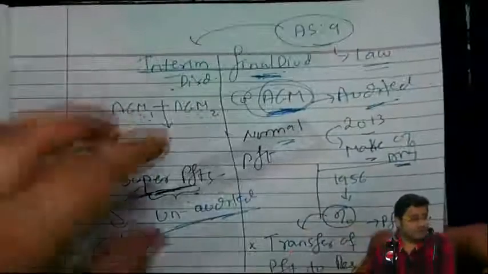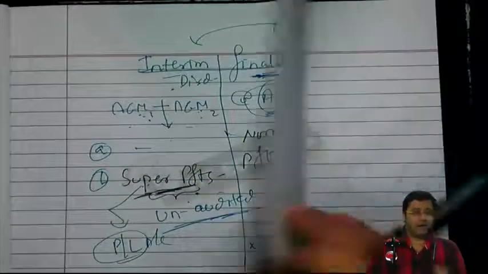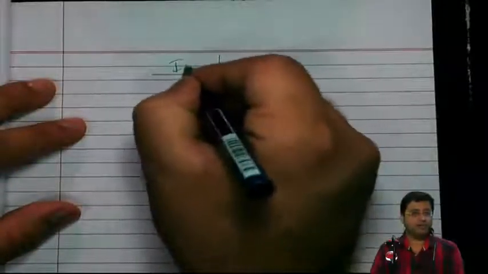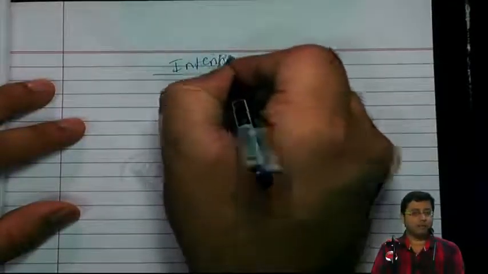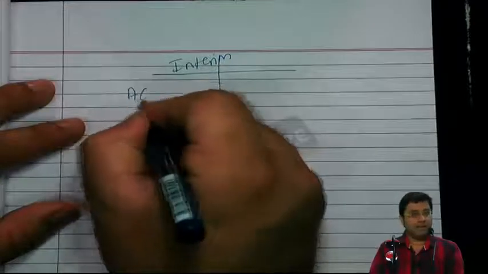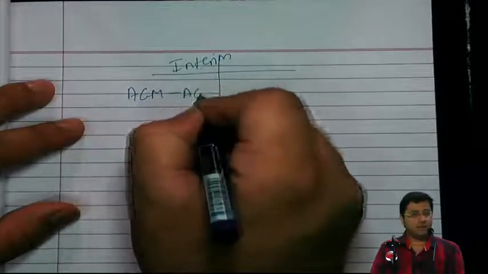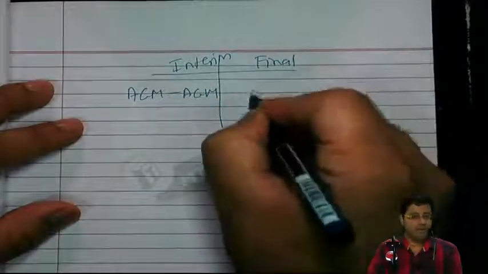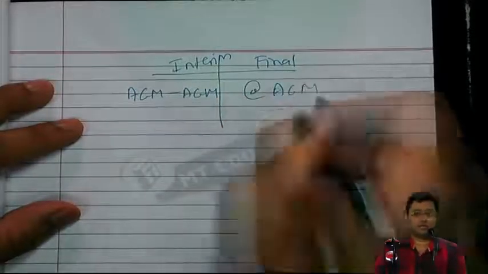Now after having told you this, see, this meaning takes a lot of time to understand. Now things are simple. You tell me what I spoke about interim dividend. What is interim dividend? Come on, tell me. Yes, any dividend which is given in between is called interim dividend. And what about final dividend? At the AGM it is called final dividend.